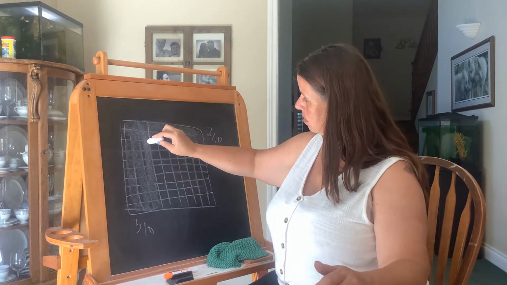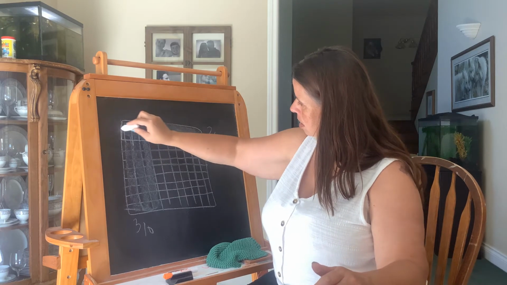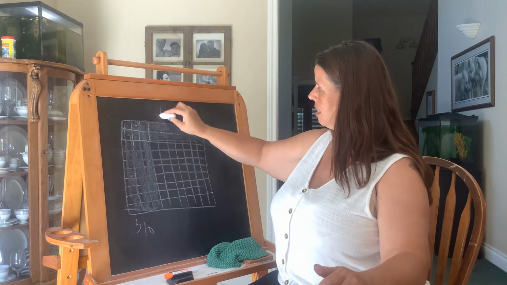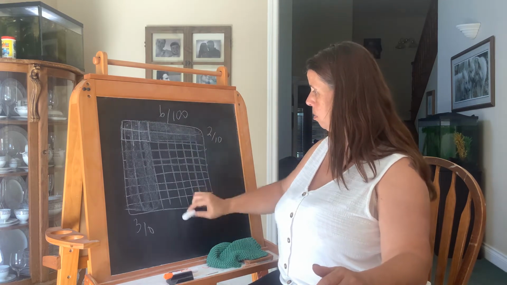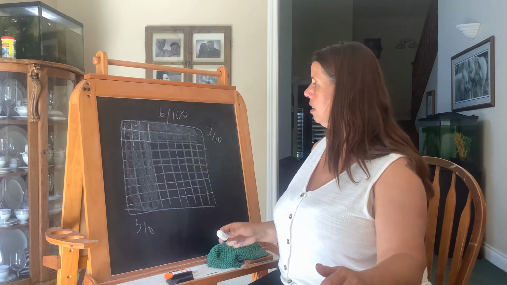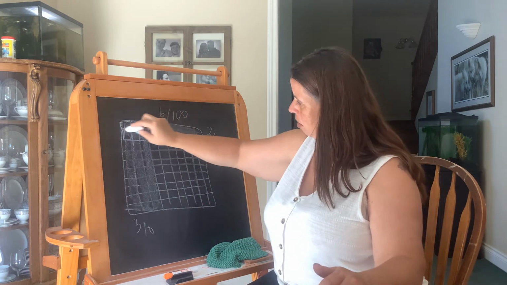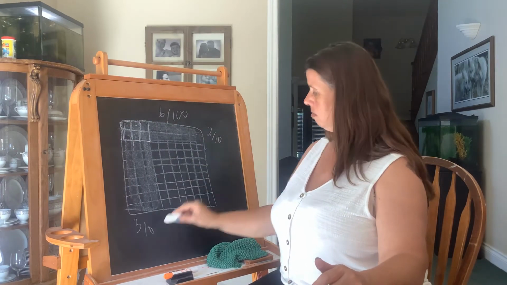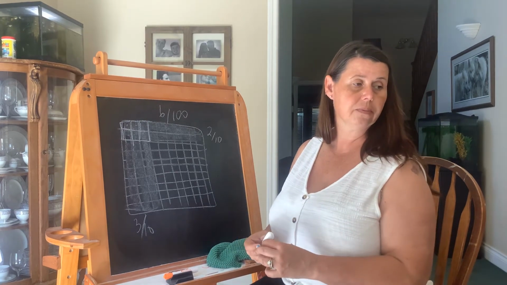So here, here, here. And how many's there? 1, 2, 3, 4, 5, 6. 6 out of 100, not 6 tenths, because 6 tenths would be like all the way shaded in over here. These 6 little boxes are 6 out of 100. So 2 tenths times 3 tenths is 6 100ths, okay?